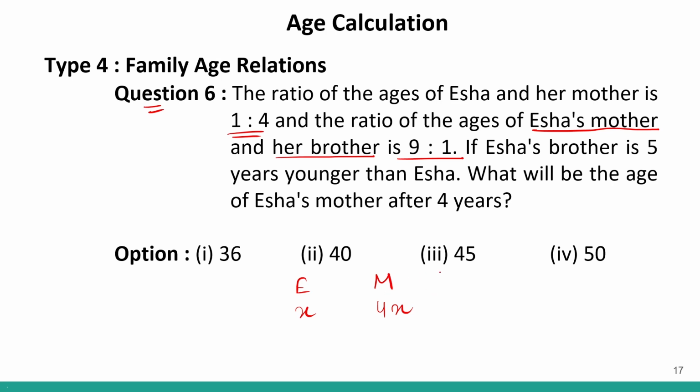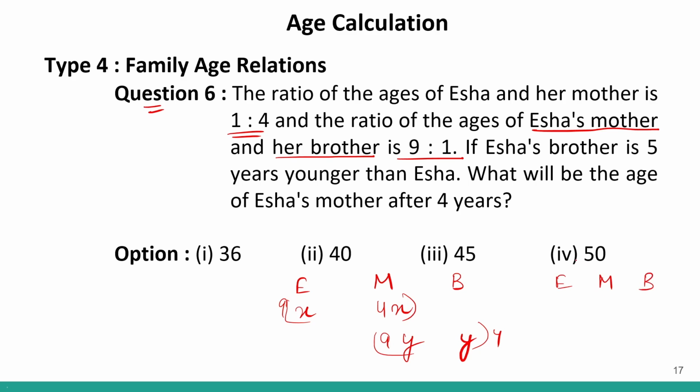So if Isha's mother is 9x, the brother is x. To convert them into a same equation, I can multiply this by 9 and I can multiply this by 4. So Isha, mother and brother.